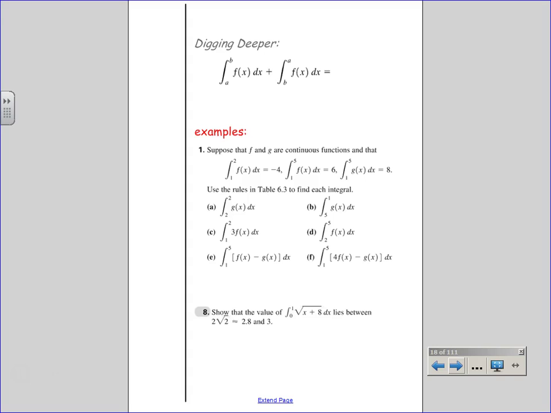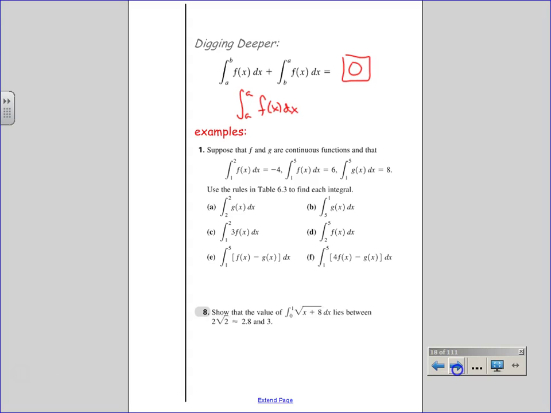Well, wait a minute. If you're going from... Hold on. What is it? The integral from a to b of f of x dx plus the integral from b to a of f of x dx? You go forwards and then you go backwards. Well, I don't think you covered anything, right? How can you prove that it's 0? I totally agree. Because when you do the reverse of the bounds, it's just the negative, right? So that's just negative a to b.